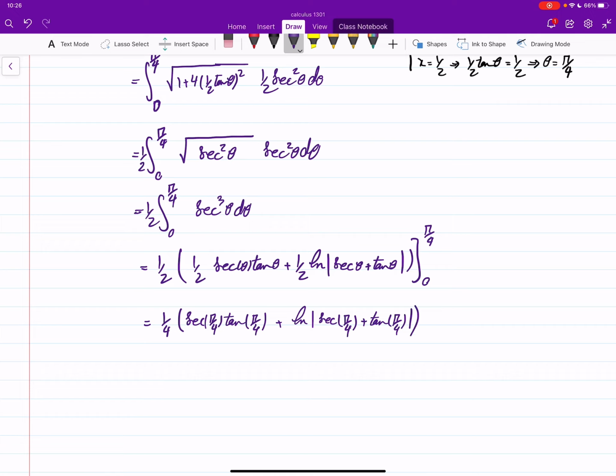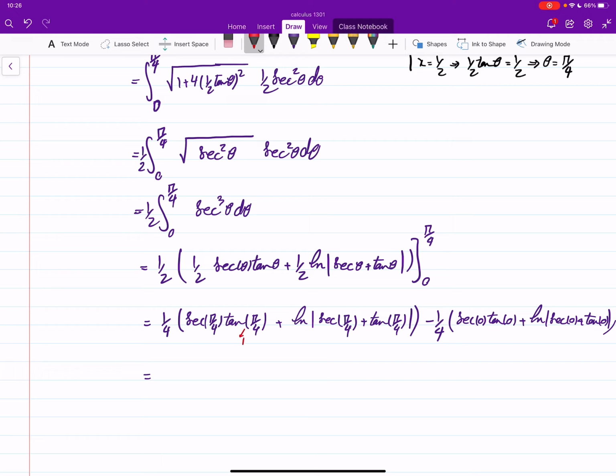That is evaluated at the upper limit minus 1 over 4 of secant 0 tan 0 plus ln of secant 0 plus tan 0. Okay, so tan of pi over 4 is 1.